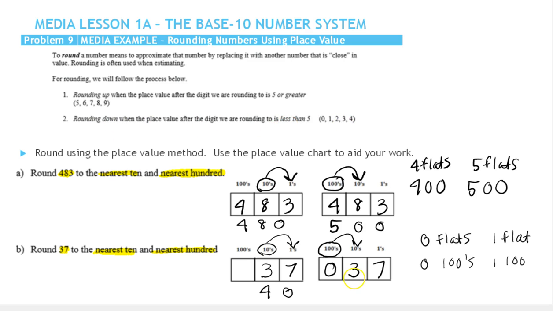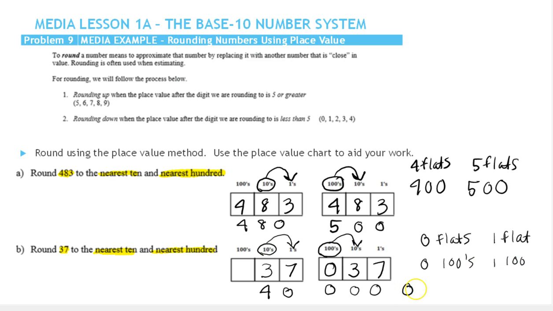And rounding down means we don't add anything to the place value that we're rounding to, so this stays 0. And then we turn the remaining numbers into zeros. So we have 0, 0, 0, which is just another way of writing 0. So 37 rounded to the nearest 100, is it closer to 0 hundreds or 100?